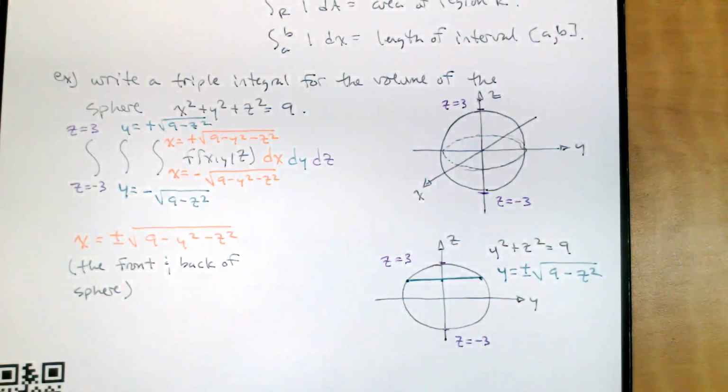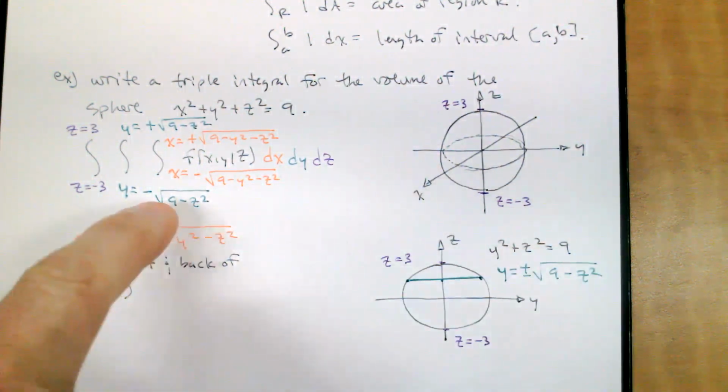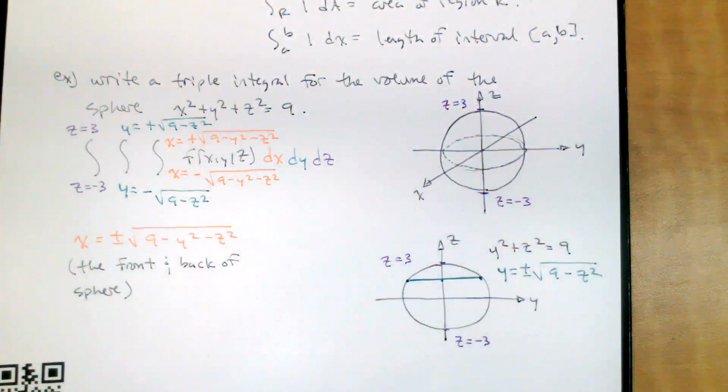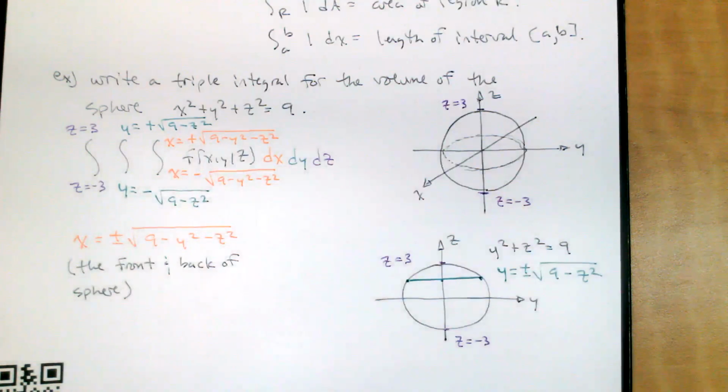This will represent the left and right sides of our sphere. So if I only wanted the right side of the sphere, I could integrate from 0 to the positive square root. If I only wanted the left side, I could integrate from the negative square root up to 0 because of all the symmetry.